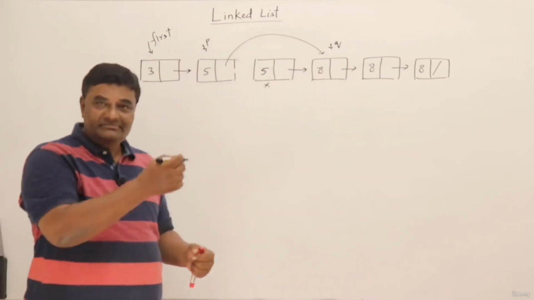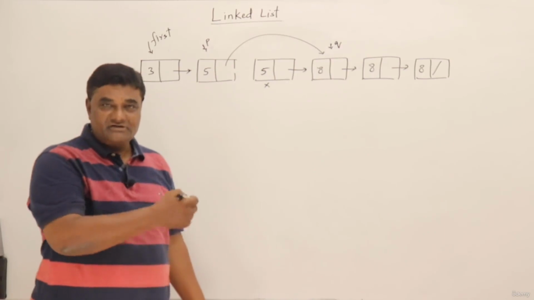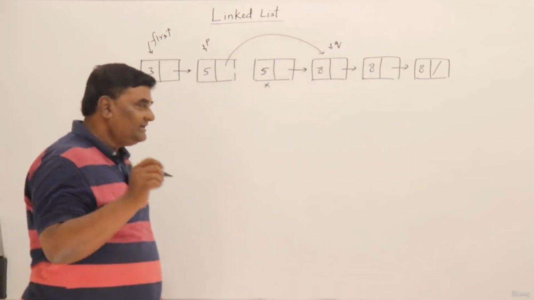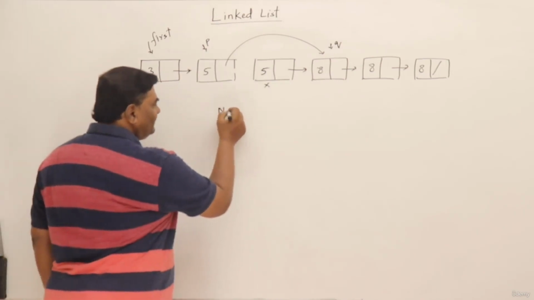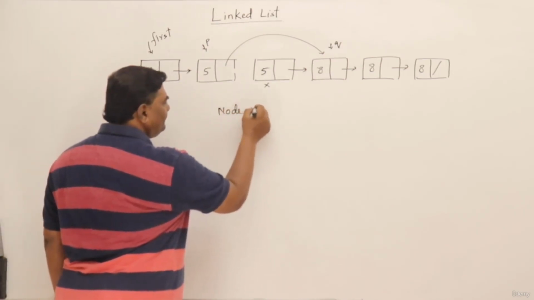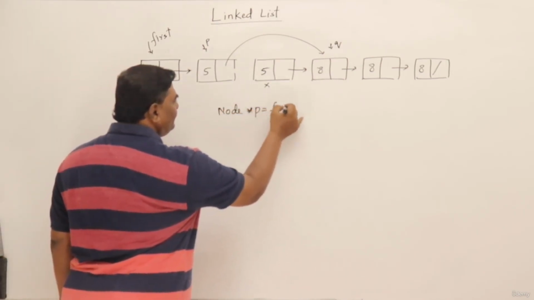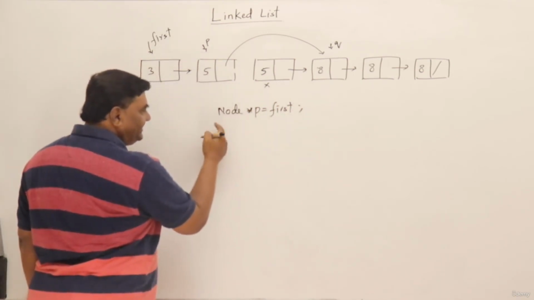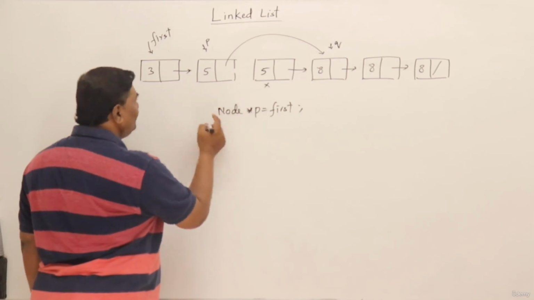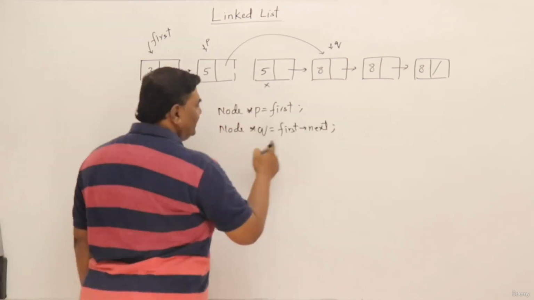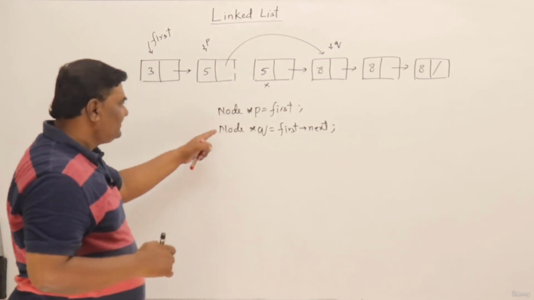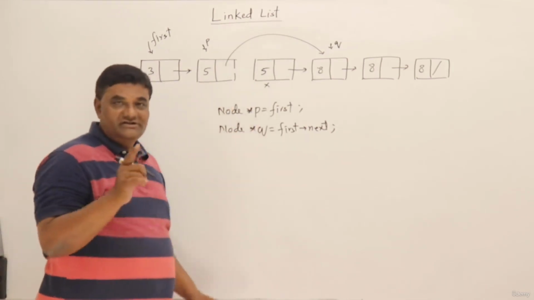So till here, let me write down some of the procedure, the code, then I will continue with the rest of the nodes. We need a pointer P upon the first node, then we need a pointer Q on the next node of the first node. Q is pointing on the second node, that is next of first. We have already seen this, the initial state.